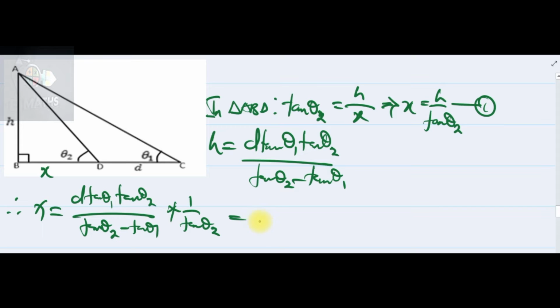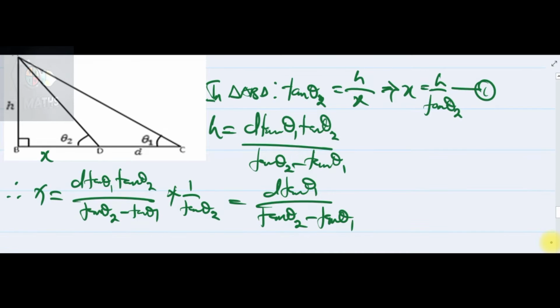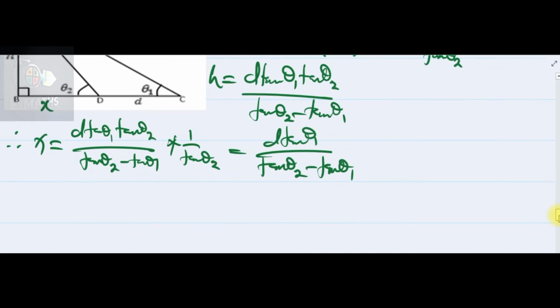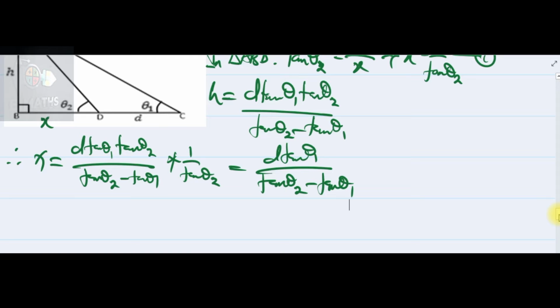So we are left with d tan theta 1 over tan theta 2 minus tan theta 1. So with this now, you can see we can find the value of x by using theta 1, theta 2, and d.